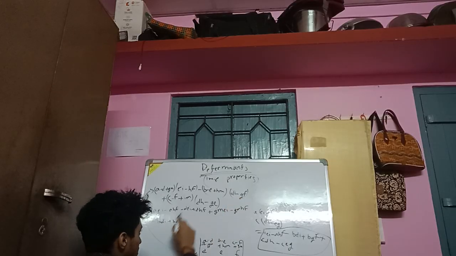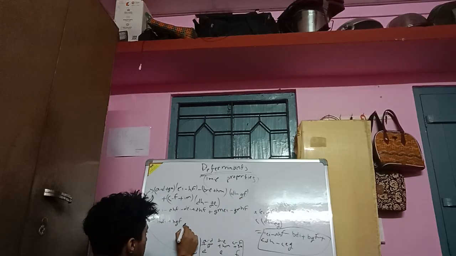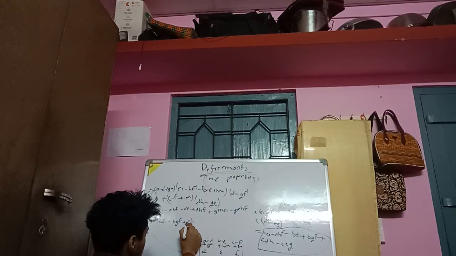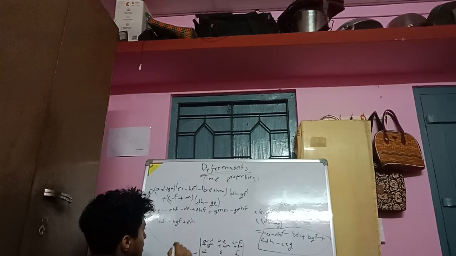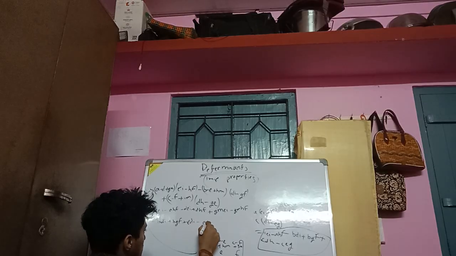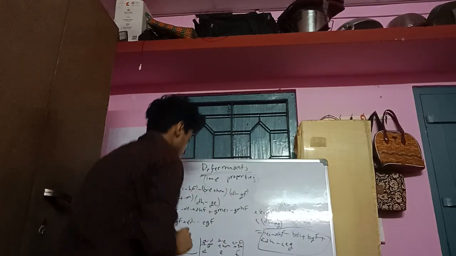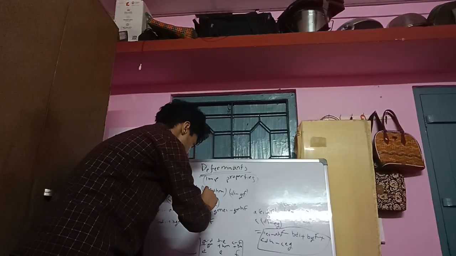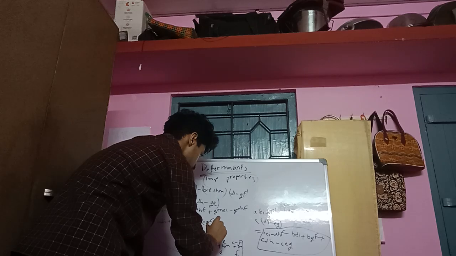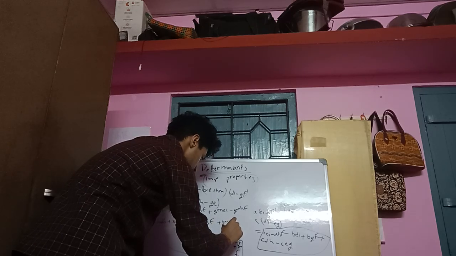BDI, minus minus plus BGF. Minus cancels on each other. So plus EDI minus EGF plus HMGF.